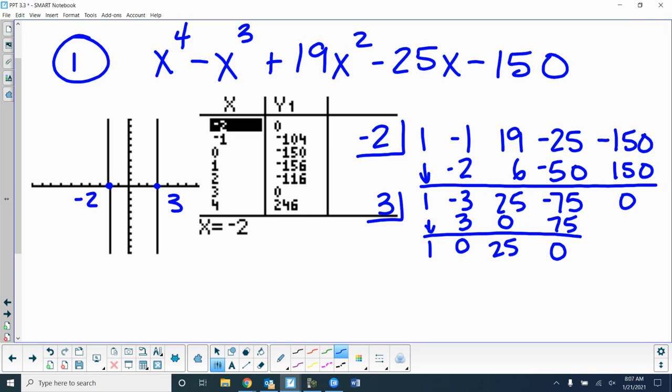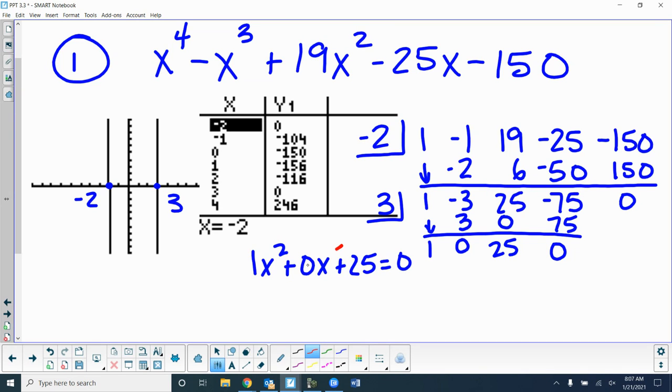You don't need to use the quadratic formula. That's your A, that's your B, that's your C with the quadratic formula. Because that was 1x to the 4th. After I do it once, that's 1x cubed. After I do it the second time, that's 1x squared. So this problem right here is 1x squared plus 0x plus 25 equals 0.